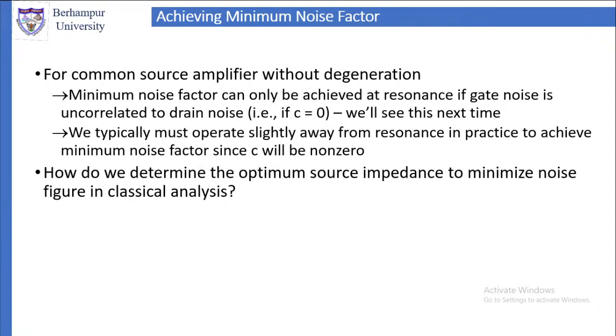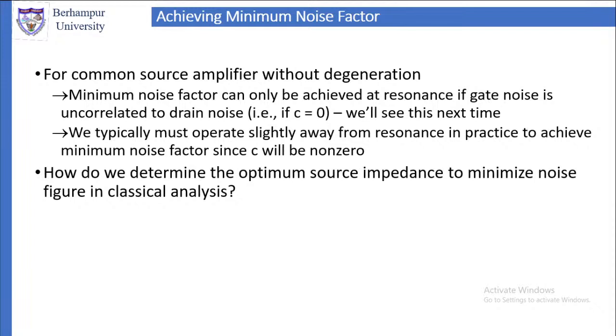To achieve the minimum noise factor for a common source amplifier without degeneration, the minimum noise factor can only be achieved at resonance if gate noise is uncorrelated to drain noise, that is, if C is equal to 0. That we'll see later.